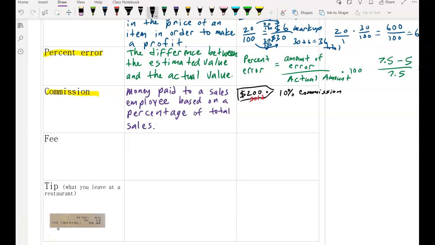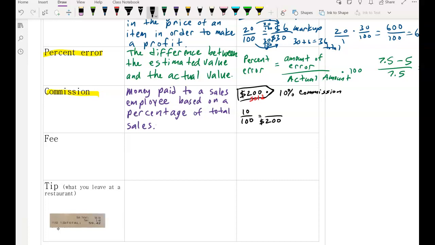Let's say that you work someplace and you sold $200 worth of stuff and you earn a 10% commission. All right, well, we know that 10% is 10 out of 100, and you sold $200 worth of stuff.